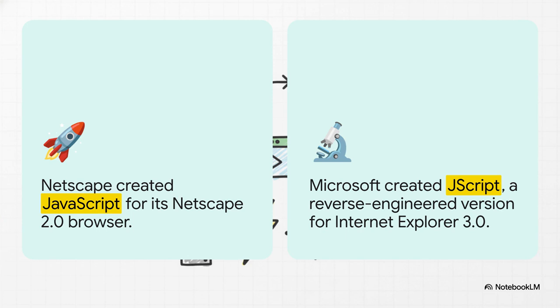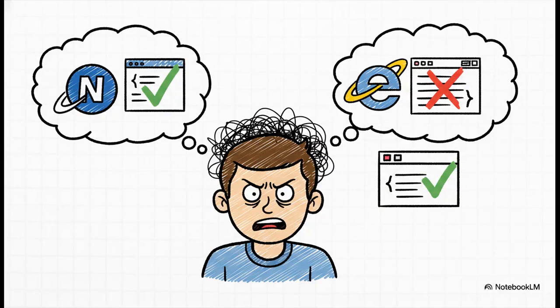So they actually reverse engineered JavaScript and released their own implementation in Internet Explorer 3.0, and they called it JScript. And for developers, this was a total nightmare. Now you have two slightly different versions of the same language. So code that worked perfectly fine in Netscape would just break in Internet Explorer, and the other way around. You basically had to write everything twice. It was a massive headache.